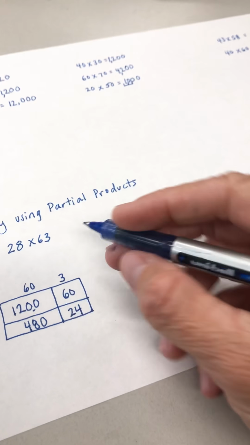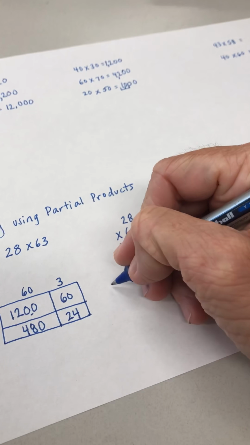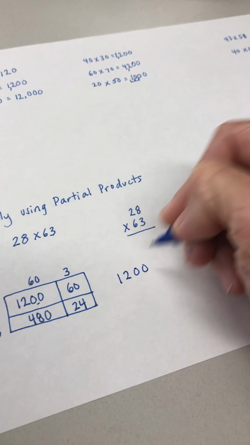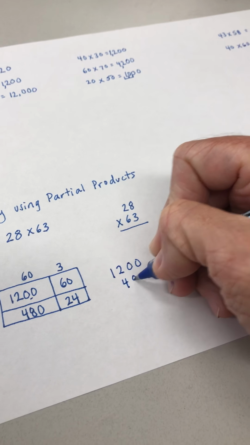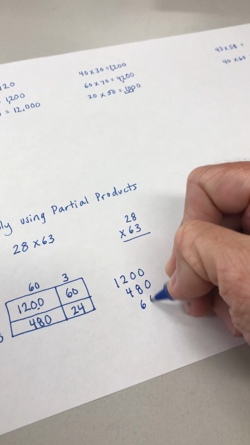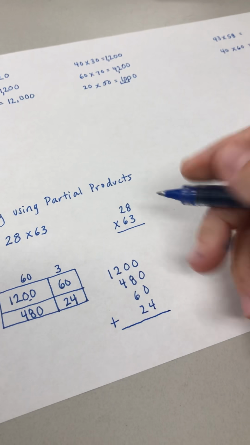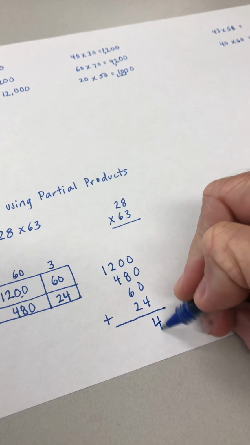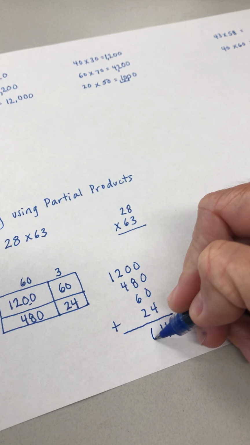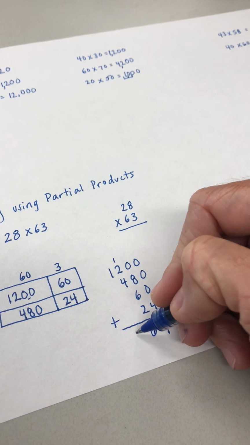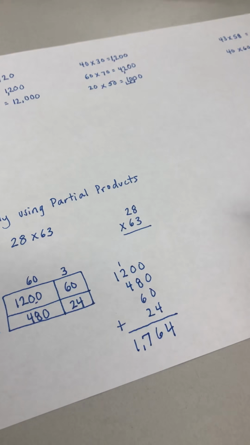So to get our final answer, we're going to add up those partial products: 1,200, 480, 60, and 24. Making sure I've copied my numbers nice and neatly, lined everything up. Okay, 1,764.